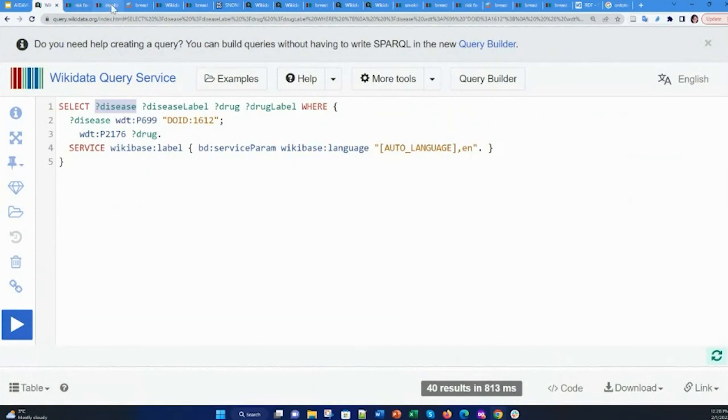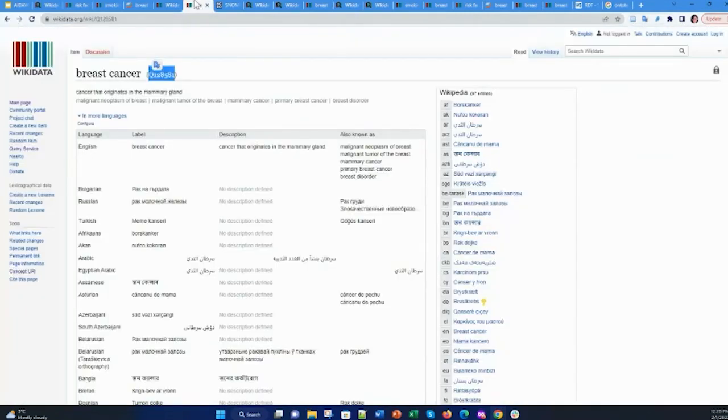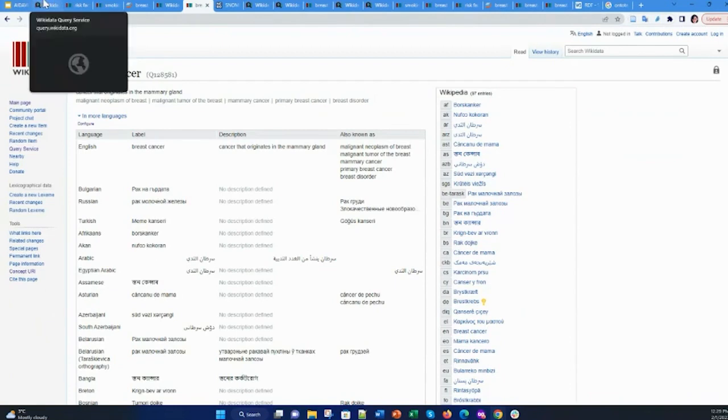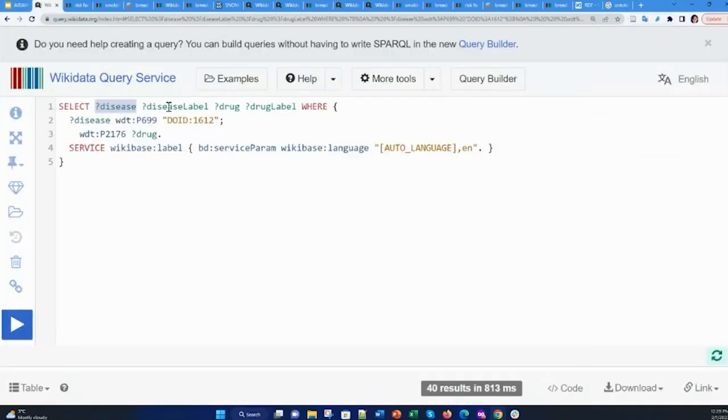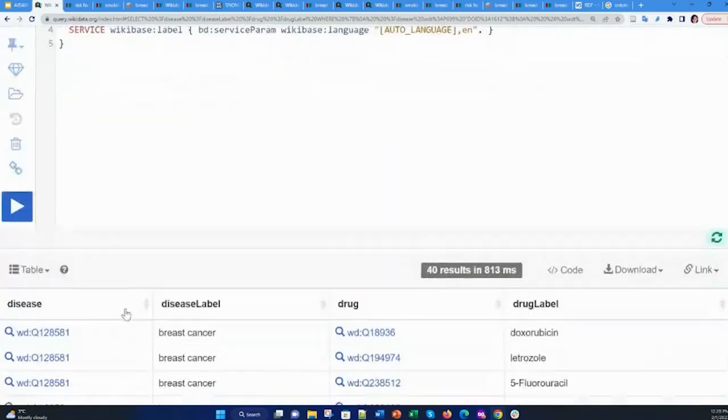We already saw for the breast cancer example, which we used for presenting information in Wikidata, we have labels in different languages. Those labels are textual information, they are literals, and here the disease label represents the literal corresponding to this URI, which in our case is breast cancer.